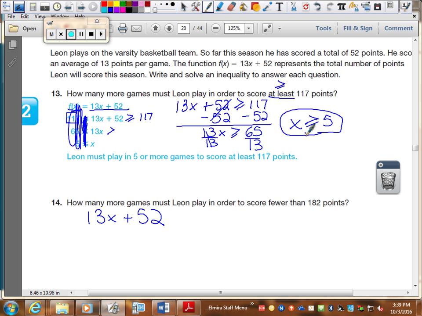So I think you should put it at the end so that the sign, greater than or less than, makes sense with the question. How many more games must Leon play in order to score fewer than, so less than, 182 points? So same function, 13x plus 52. Okay, and let me scroll this.